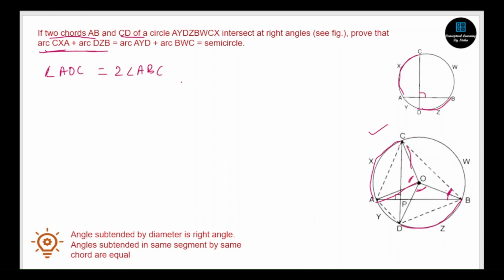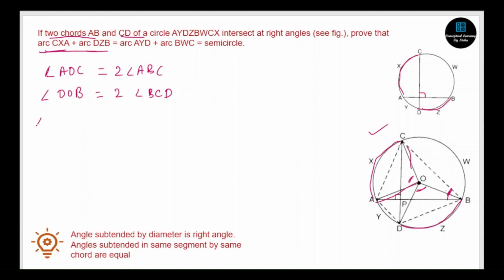Same way for the second arc DZB, the angle subtended by that arc is DOB, equal to twice angle BCD. Now I'll add them, because as I said, we have to prove that the sum is 180 degrees.